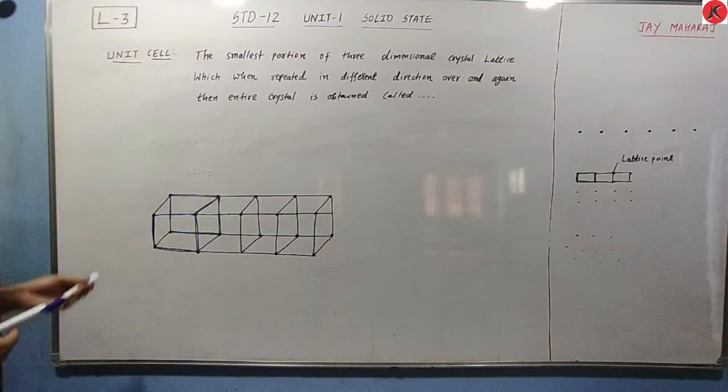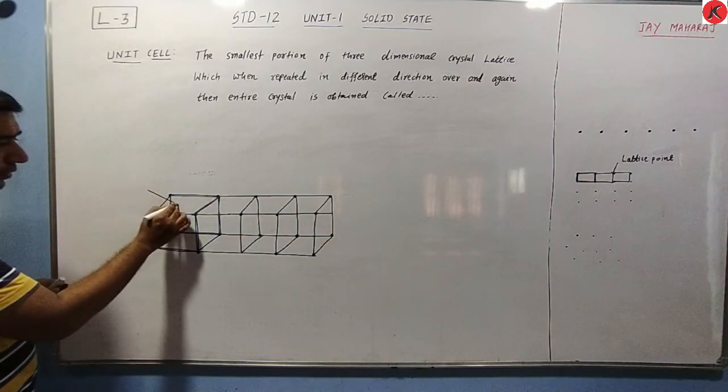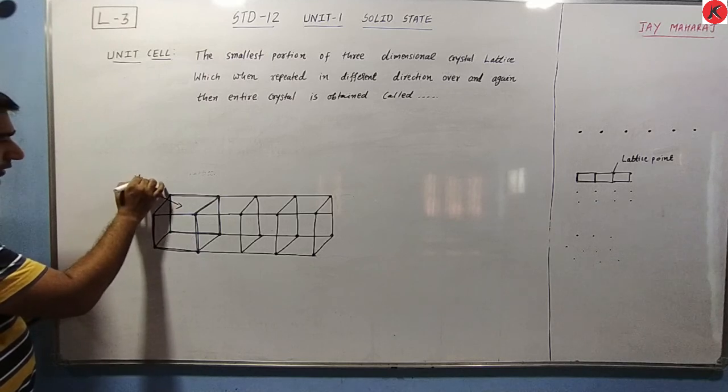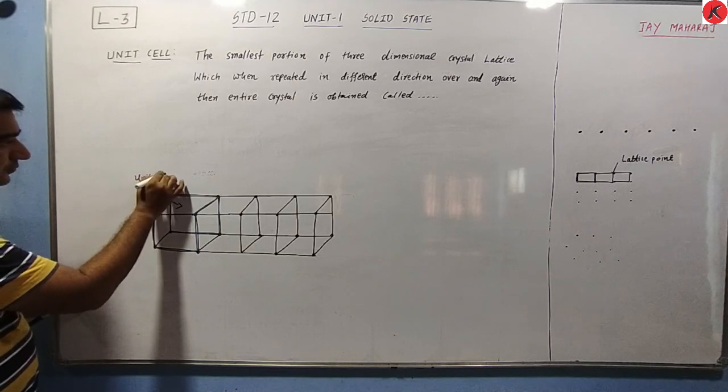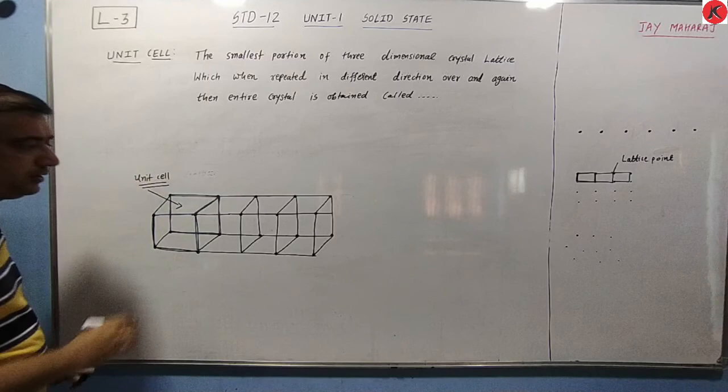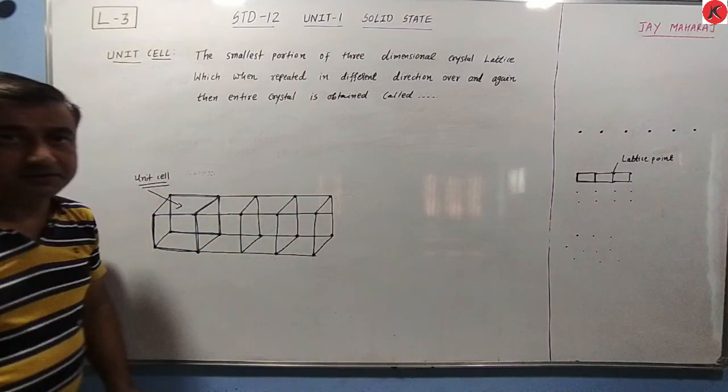This smallest portion is called unit cell, which is repeated in three dimensions.